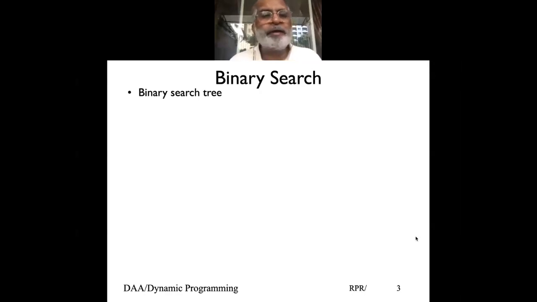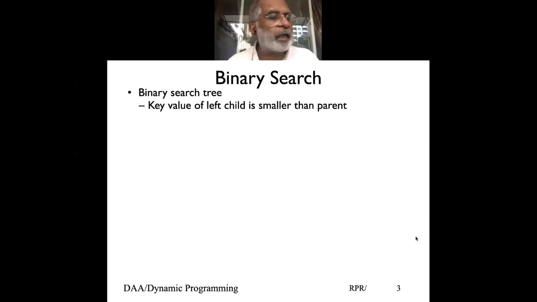So we know what binary search is. In a binary search tree, each node has two children. We have a left child and a right child.